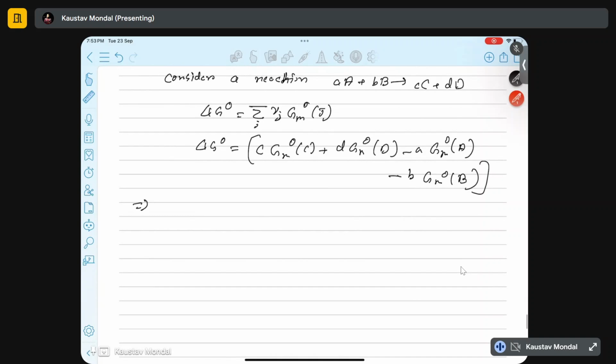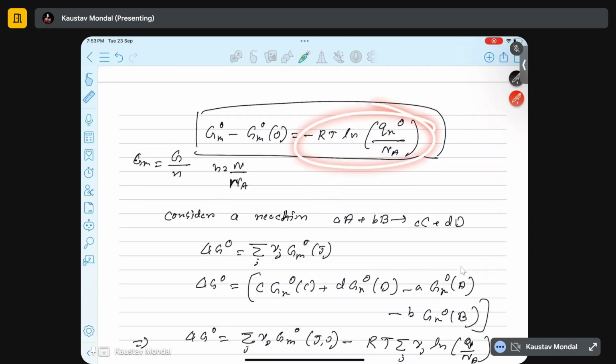Now, if we compare it with the temperature equal to 0 case, in that case delta G0 would simply become the summation over J of nu J Gm0 J at absolute zero temperature, minus RT summation over J of nu J ln Q by Na. That comes from this expression.